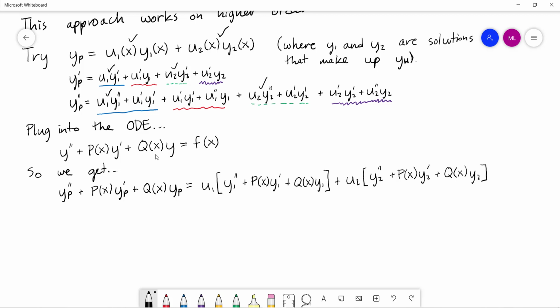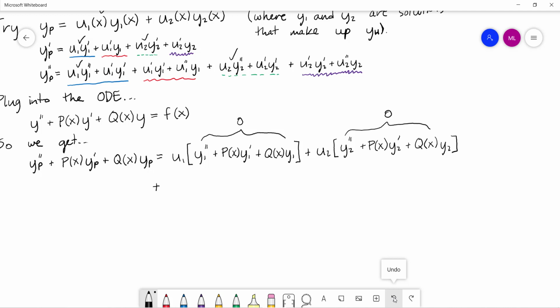These both go to 0 because by definition, y1 is a solution to the homogeneous version of the differential equation, and y2 is a solution to the homogeneous version of the differential equation. So that combination of the terms that have been accounted for so far gives us 0. So now we need to account for all of these remaining terms.